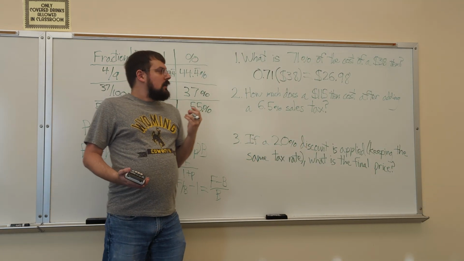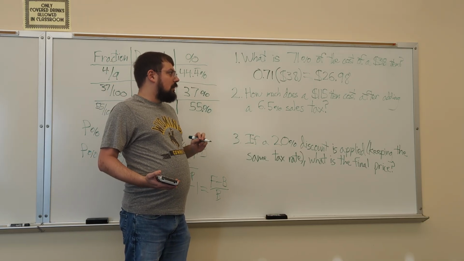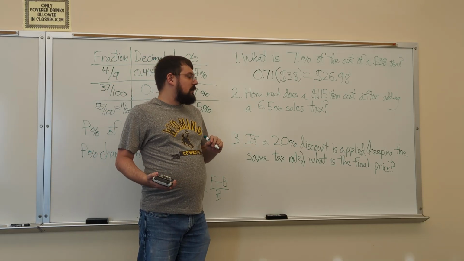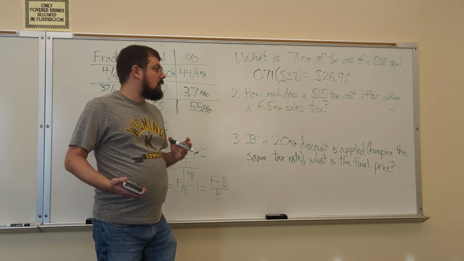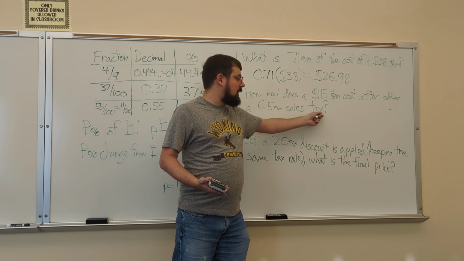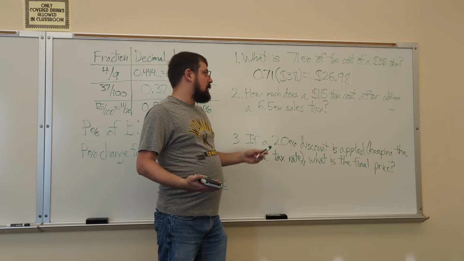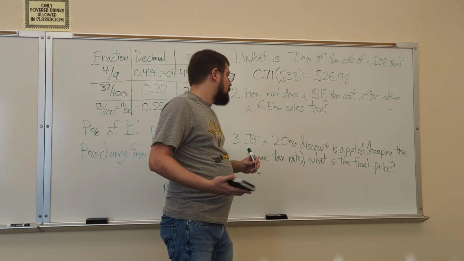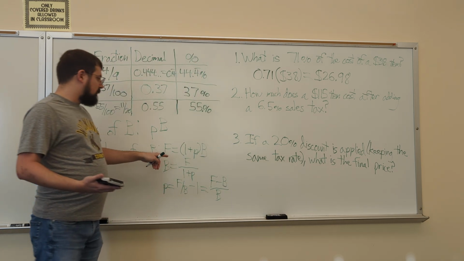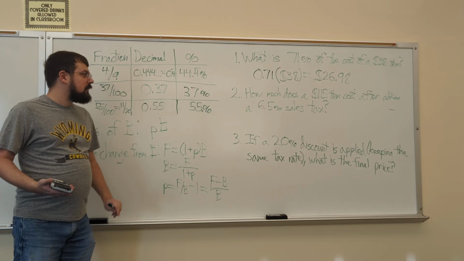All right, second example. How much does a $115 item cost after adding a 6.5% sales tax? So this time, we can think of our 6.5% sales tax as a 6.5% increase of the price of the item. So in this case, we're going to use this formula right here, f equals 1 plus p times b.